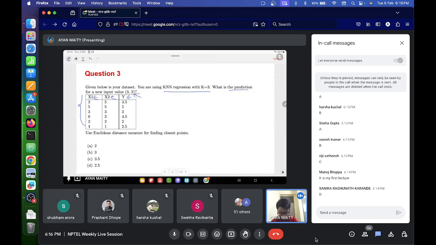This 3 comma 2 is the new input point, and you have to predict the output value for this new input given this data table with x1, x2, and y, using KNN regression with k equals 3, and you have to use Euclidean distance measure to find out the closest points.